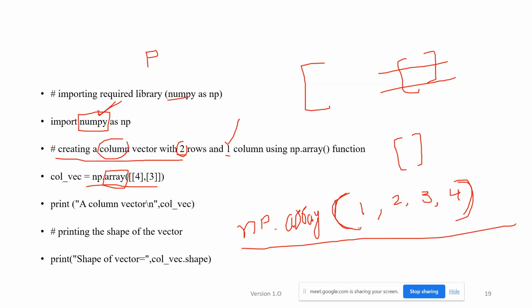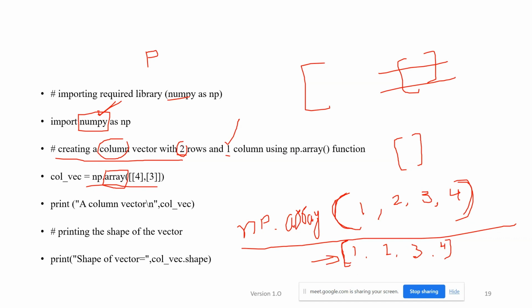So with this, how is this array created? What is the output? The output is like 1, 2. In programming, we represent with square brackets. In mathematics, to represent a matrix we use square brackets, that is 1, 2, 3, 4. This is called a row-wise matrix.